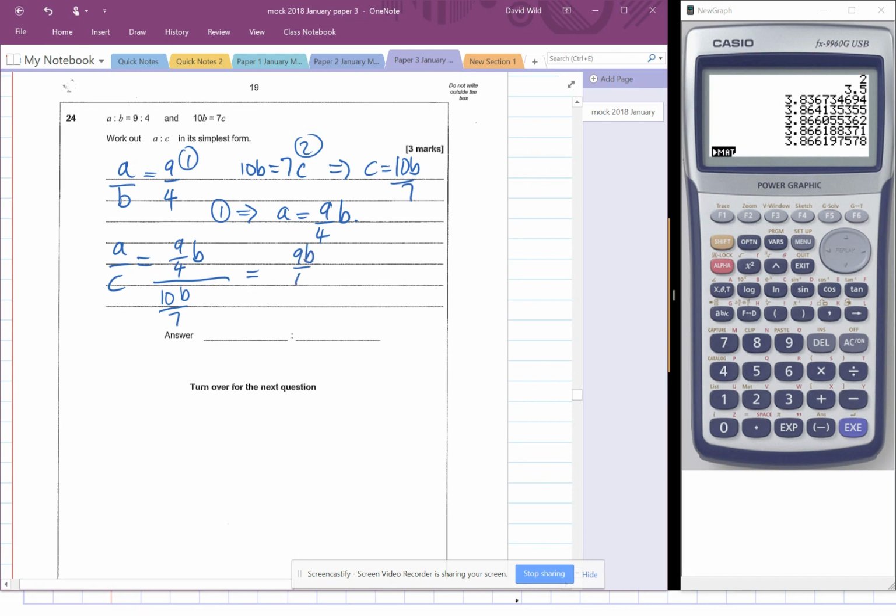This is 9B over 4 divided by 10B over 7. We turn the second fraction upside down and multiply, because that's how you divide fractions. Now the Bs cancel, and we end up multiplying 9 sevens, 63, 4 tens, 40. So my ratio is 63 to 40.